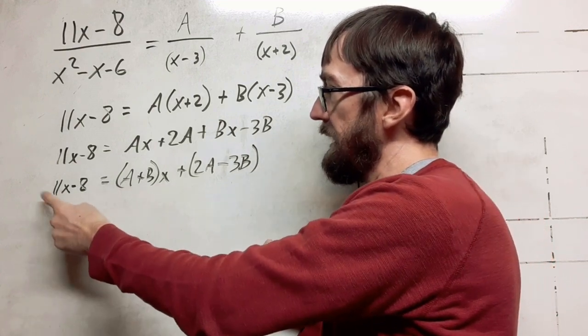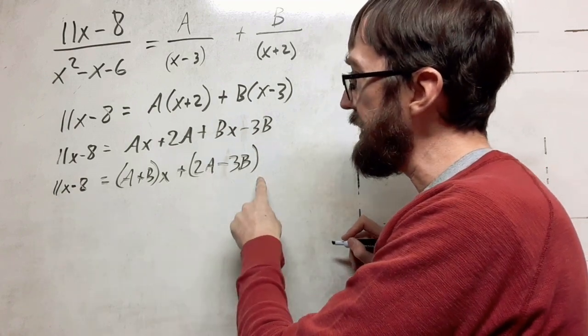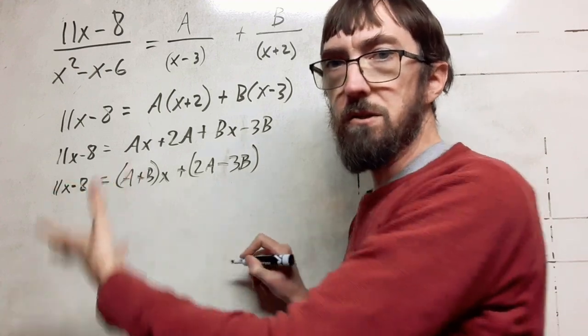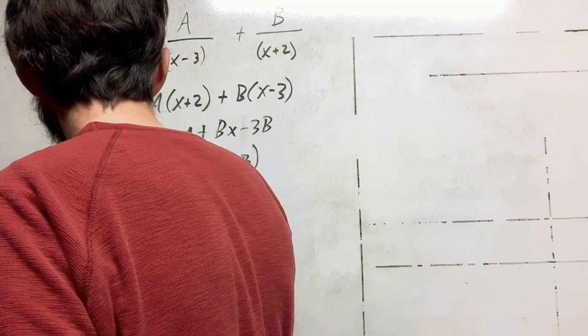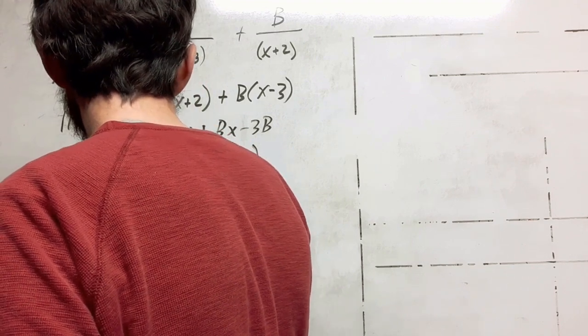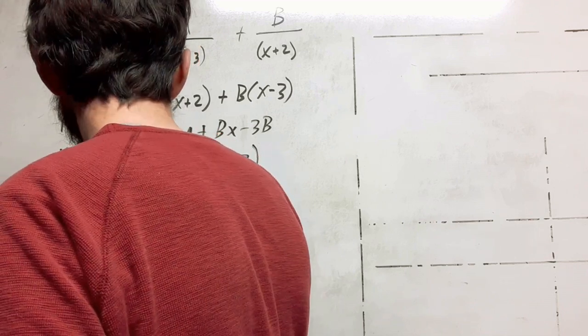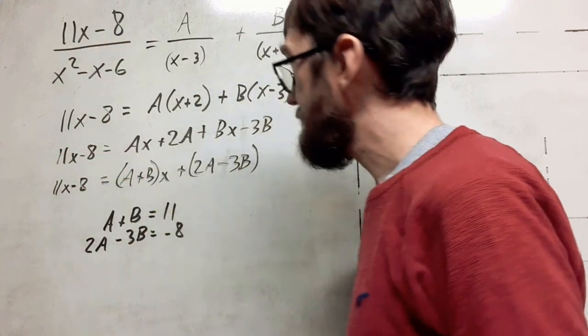A plus b has to equal 11. Over here, 2a minus 3b has to add together to give us negative 8. So we're going to write that down. A plus B is equal to 11, and then 2A minus 3B is equal to negative 8.